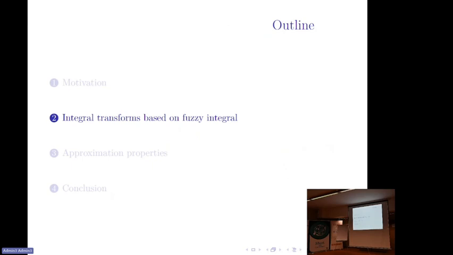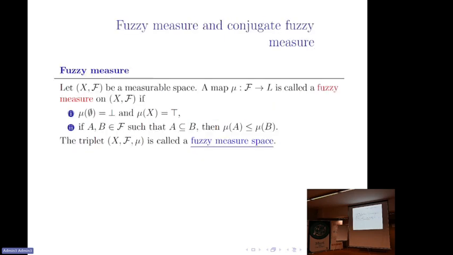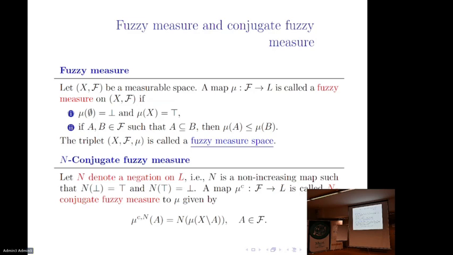Now, several notions: support, core, lattice fuzzy measure, which is a map satisfying these two conditions. The conjugate fuzzy measure is determined using a negation n and using the complement inside of the measure.